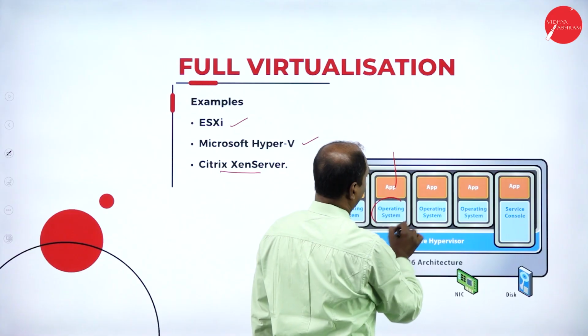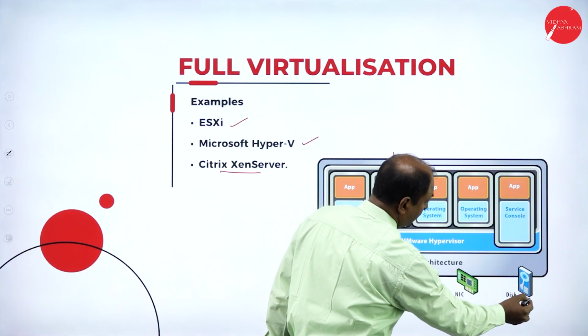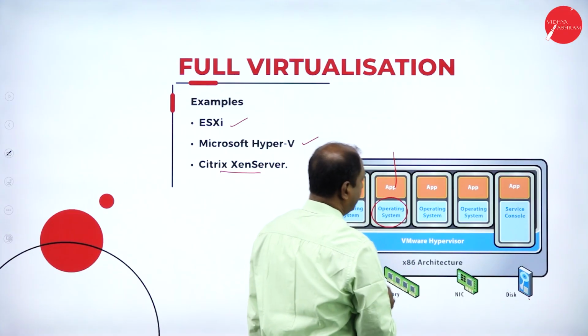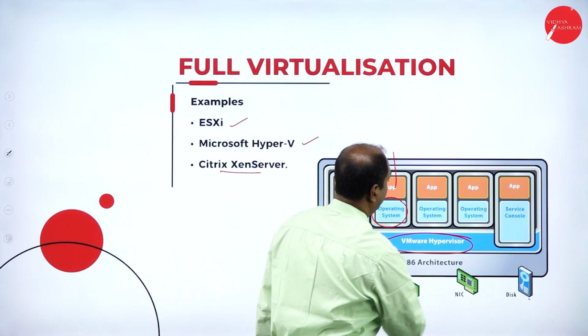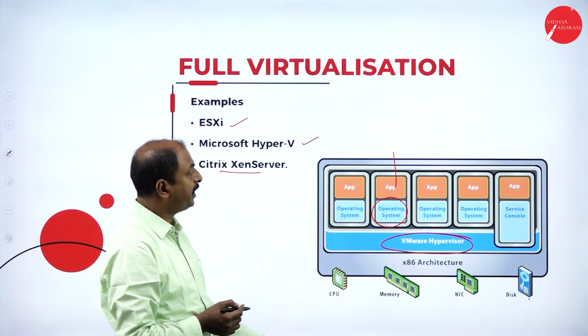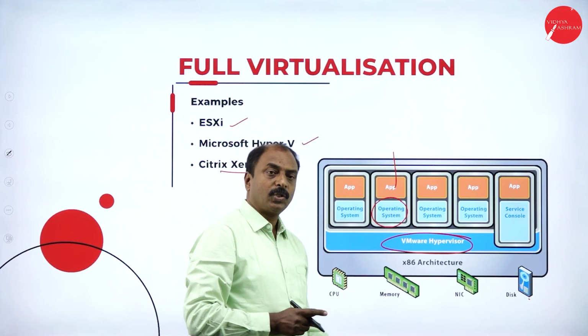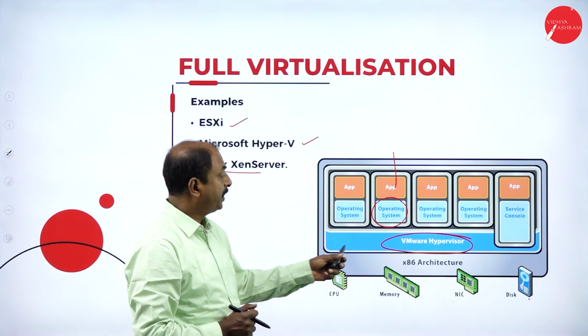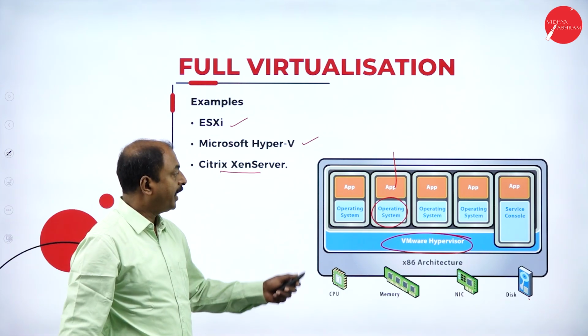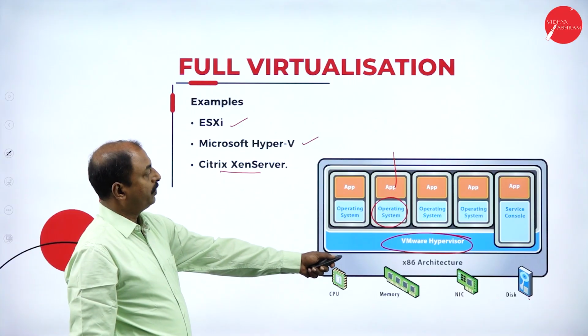This is the disk, and this is the NIC and memory. This is the CPU, and this is the VM hypervisor. This is the virtual machine, the software through which virtualization can be implemented. This is full virtualization.